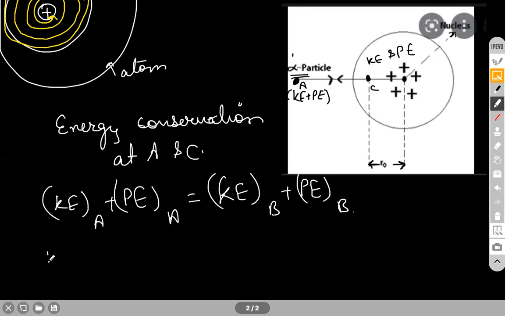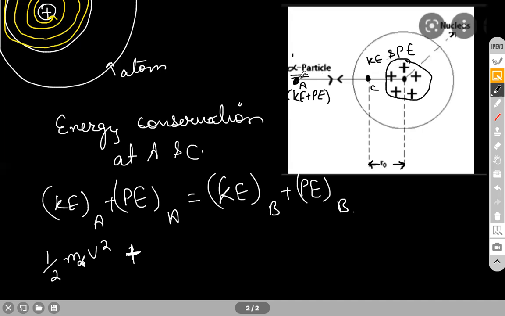Kinetic energy at A will be half m alpha v square, that is kinetic energy, plus potential energy. As I already told you, the alpha particle is coming from infinite distance, very far from the nucleus. These protons have no impact on the alpha particle when it is starting its journey towards the nucleus.